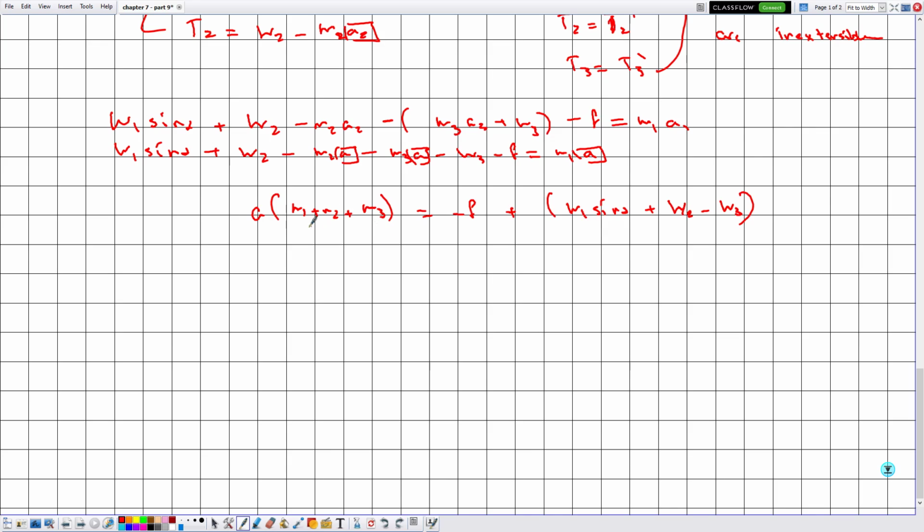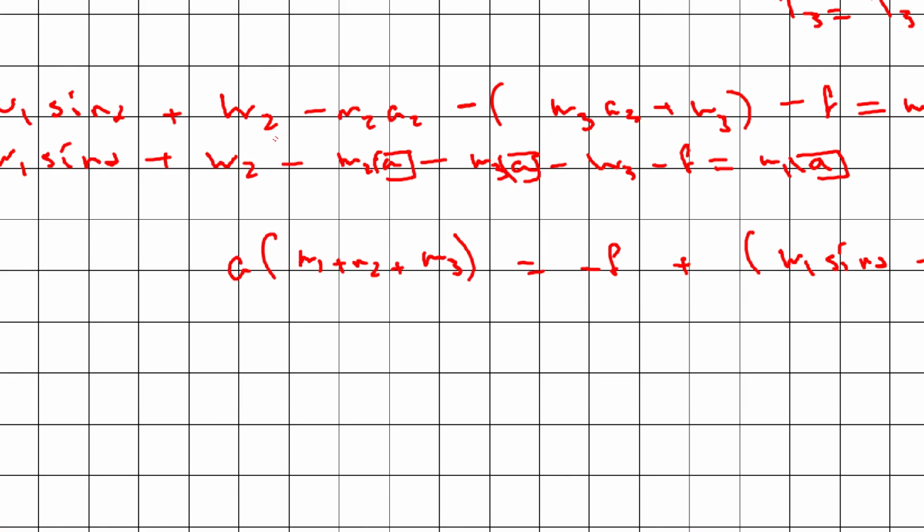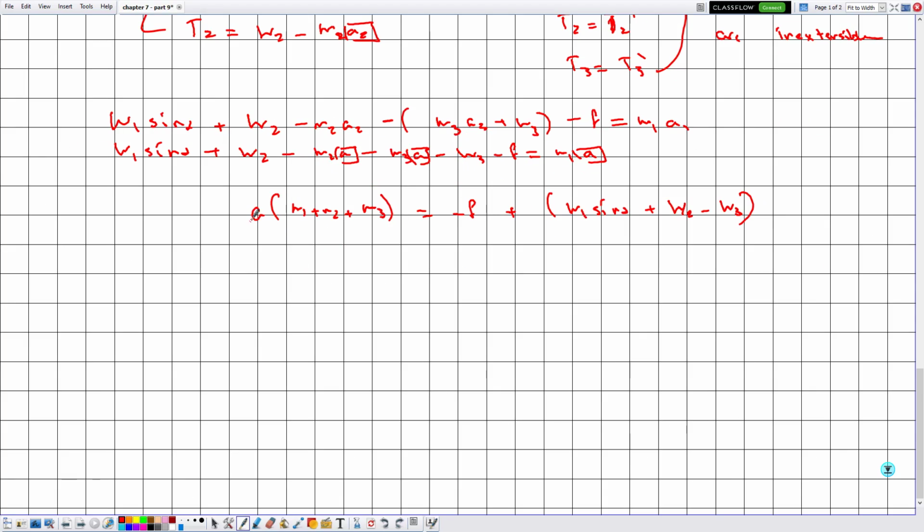So now dividing both sides, we drag this to here and we flip the equation, we will obtain this one. Then we divide by M1 plus M2 plus M3 on both sides.